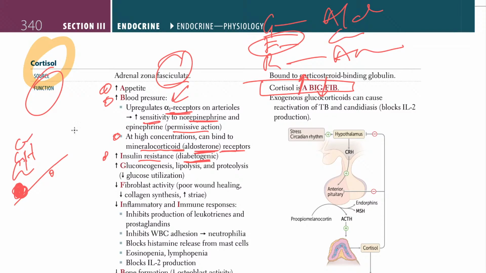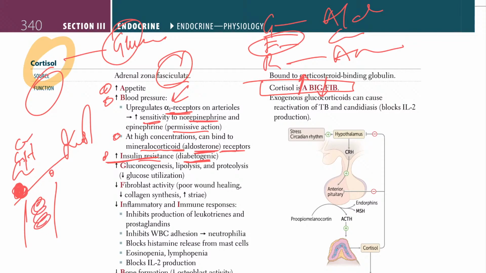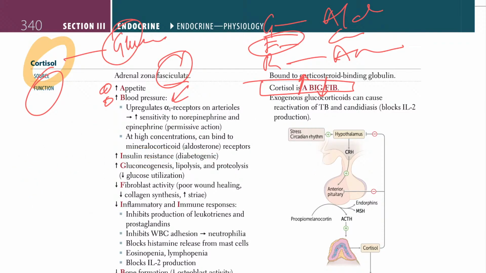On the other hand, all you had was just one insulin, which was trying to get that glucose out of the bloodstream, right? So this cortisol, that's why the name goes glucocorticoid. It causes glucose to go into the blood, causing insulin resistance, diabetogenic. It also causes increase in gluconeogenesis, increase in lipolysis, increase in proteolysis, and decrease in glucose utilization.